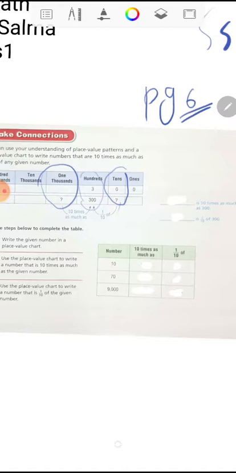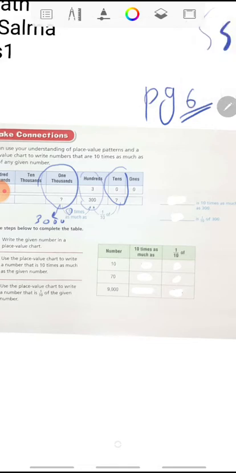If I want to move this 3 to the thousands, I have to multiply it by what? By 10. That's right, because this digit is bigger than this digit by 10 times. So this will be 3000 if I move it to the thousands.